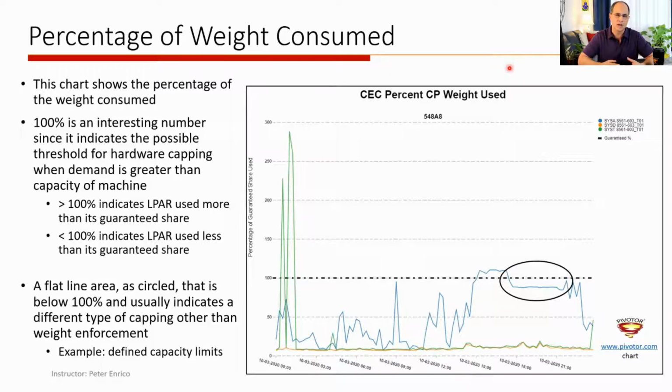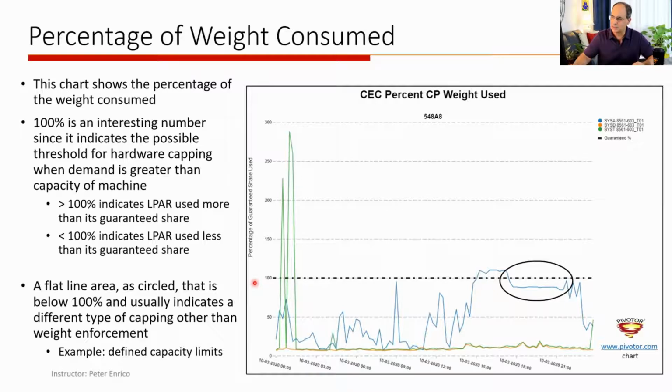Our LPAR weights allow the LPAR to be guaranteed a certain amount of capacity, or a certain amount of CPU. So in this particular case, the magic number on this chart is 100%. And what 100% means is that this LPAR used its guaranteed share. If I have an LPAR that is guaranteed 60% of the machine and it uses exactly 60% of the machine, then it used 100% of its weight.